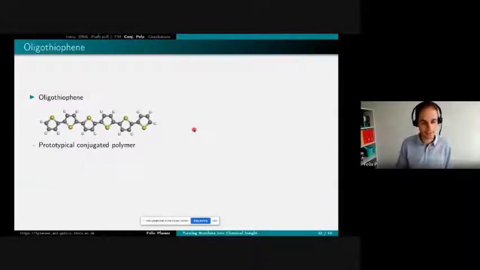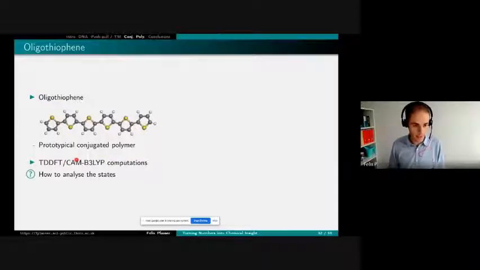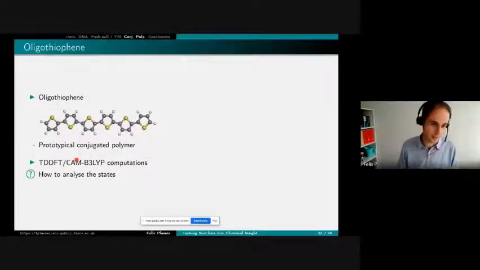So here the idea is, you know, we look at oligothiophene just as any prototypical conjugated polymer. We do just some standard computations. TDDFT can be through LIP, doesn't really matter as long as you have a range separated functional. And then the question is, how do we analyze the states?